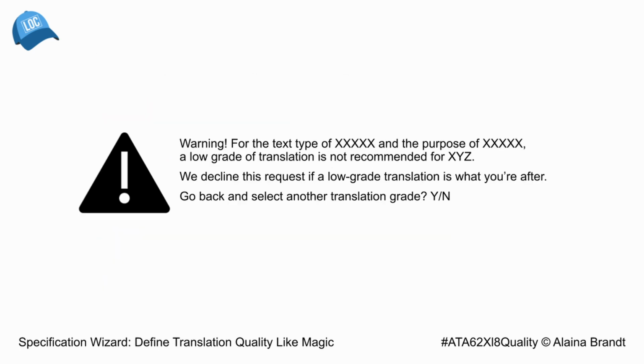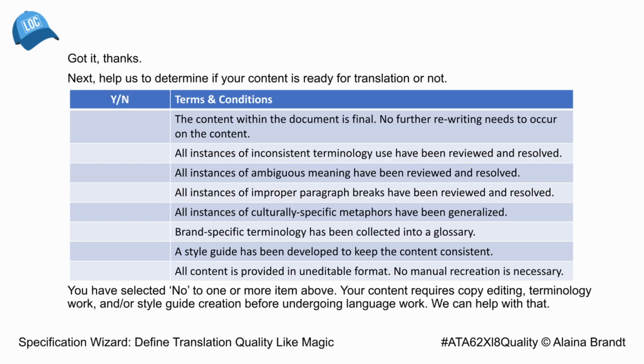Or if we do make it available and they select it, but we have determined, hey, for that specific text type, for that specific genre, this grade doesn't work, all of a sudden an error pops up on screen. Uh-oh, we're not interested in producing that grade for this kind of content that you're requesting, so either you'll need to go to somebody else or you'll need to go back to the previous screen and select another grade of translation.